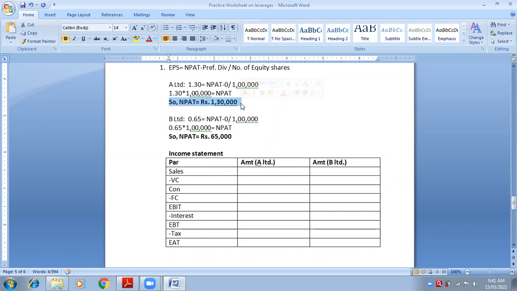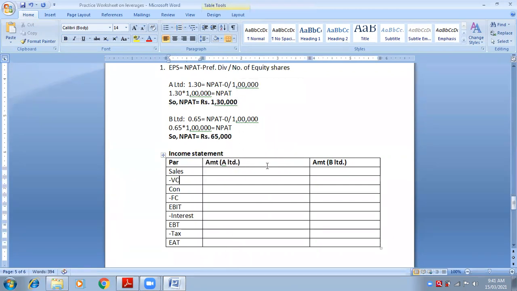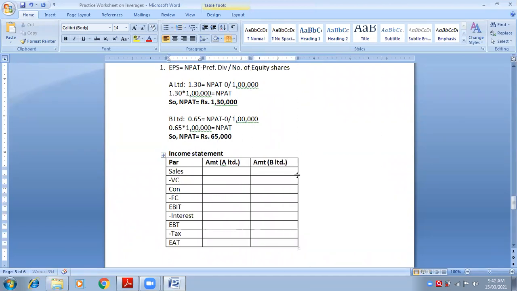So how much is it in case of A Limited? 1,30,000. Very good. And in case of B Limited? 65,000. So in the last column we will write 1,30,000 and 65,000. Is that clear, everybody? Yes, ma'am.